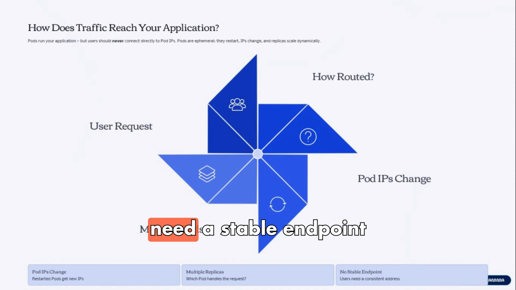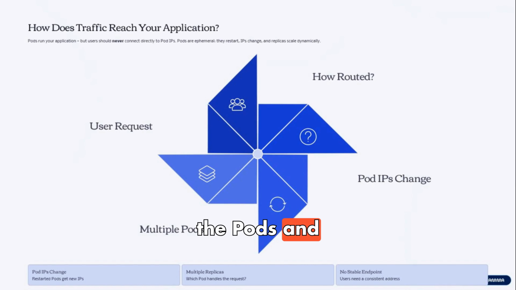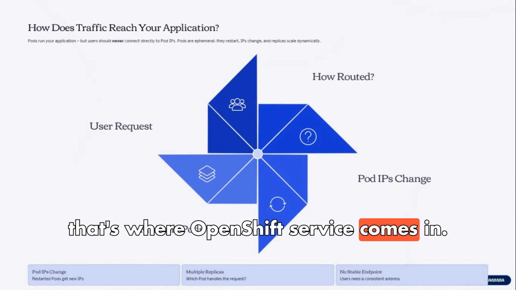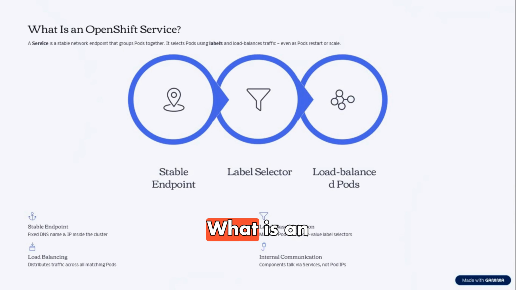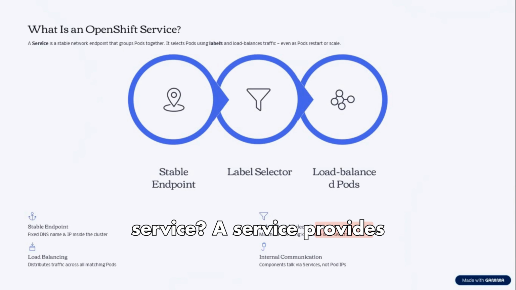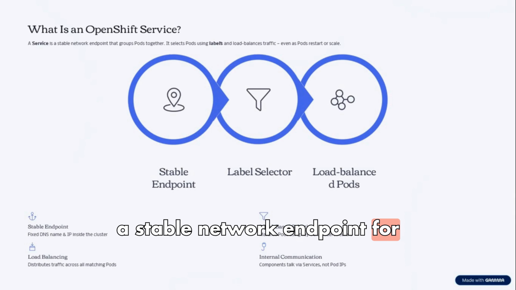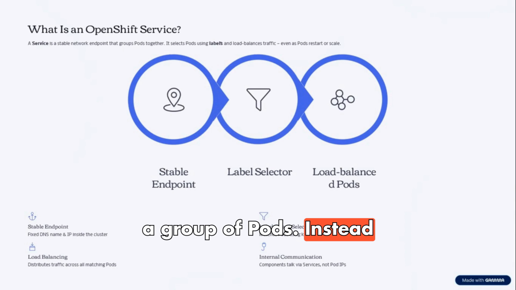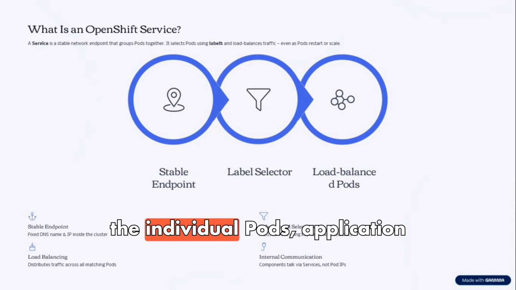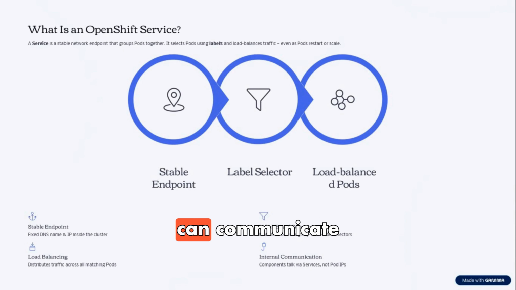This is why we need a stable endpoint between the user and the pods. And that's where an OpenShift service comes in. What is an OpenShift service? A service provides a stable network endpoint for a group of pods. Instead of connecting directly to the individual pods, applications can communicate through a service. The service identifies the correct pods using labels and selectors.